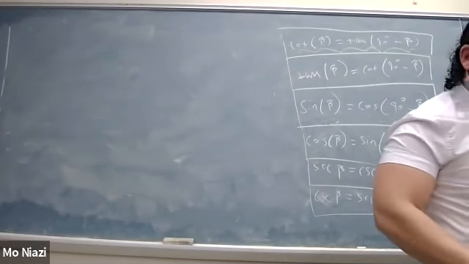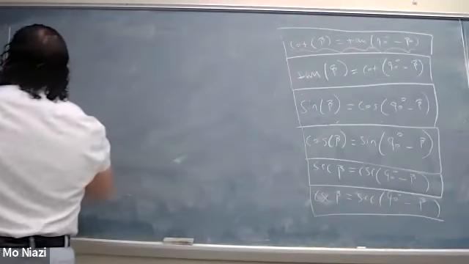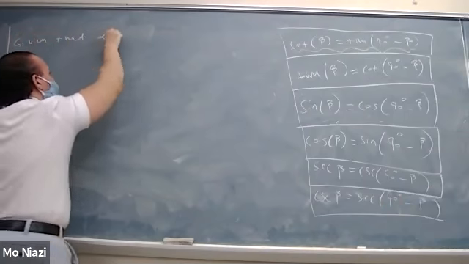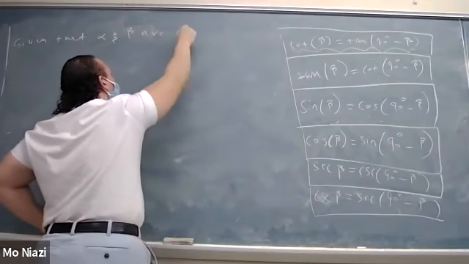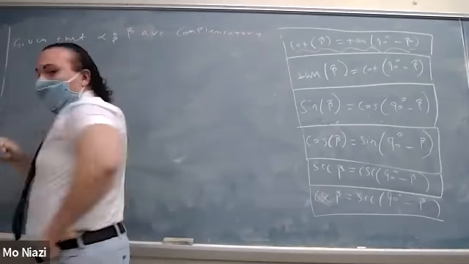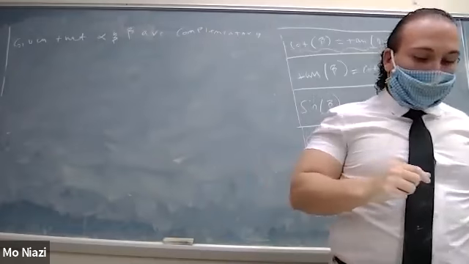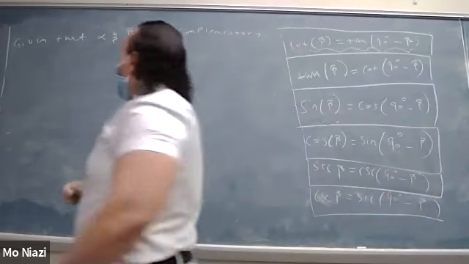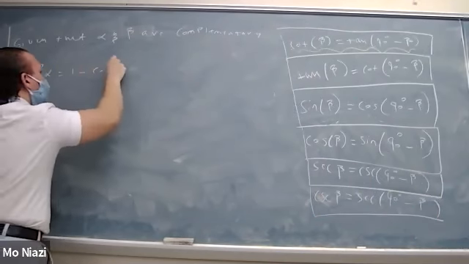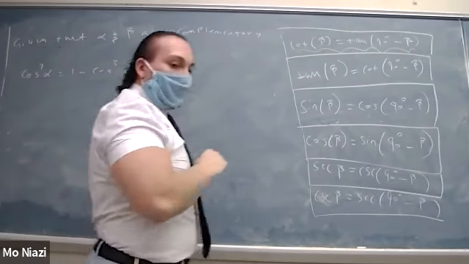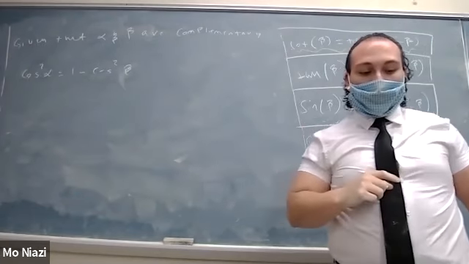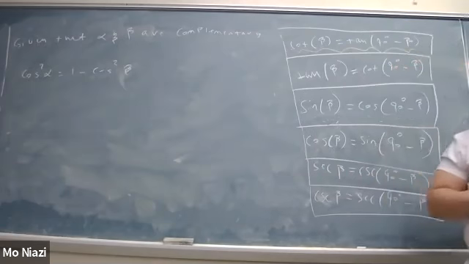Given alpha and beta are complementary angles, verify that cosine squared alpha is equal to 1 minus cosine squared beta.